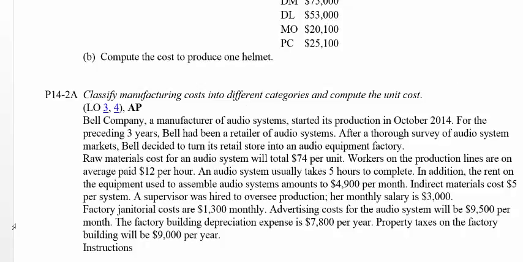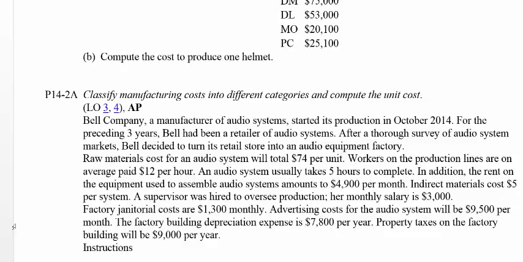So we've got Bell Company, a manufacturer of audio systems that started their production in October of 2014. For the preceding 3 years, Bell had been a retailer of audio systems. After a thorough survey of audio system markets, Bell decided to turn its retail store into an audio equipment factory.